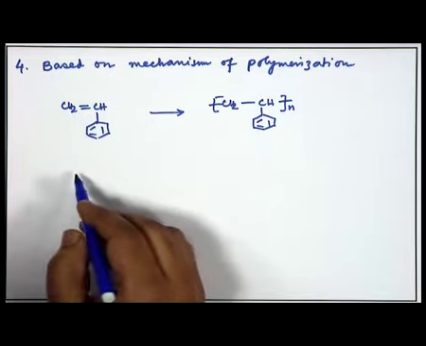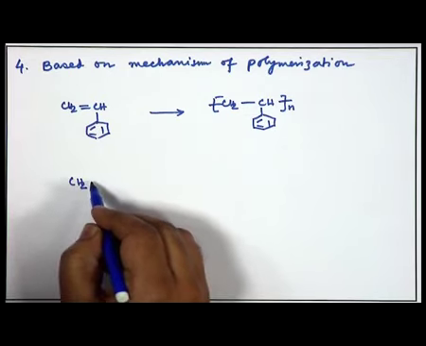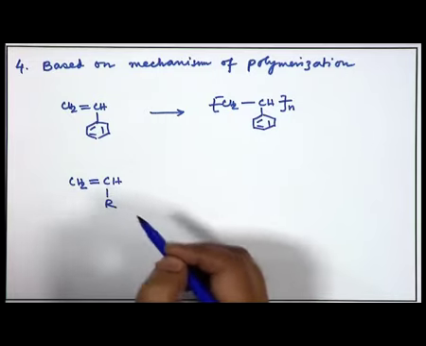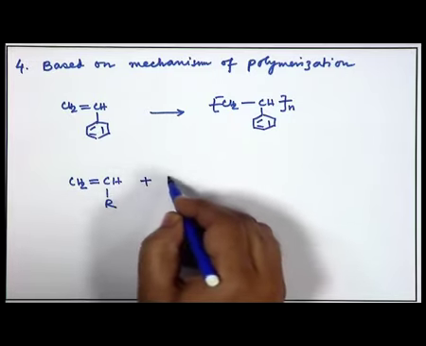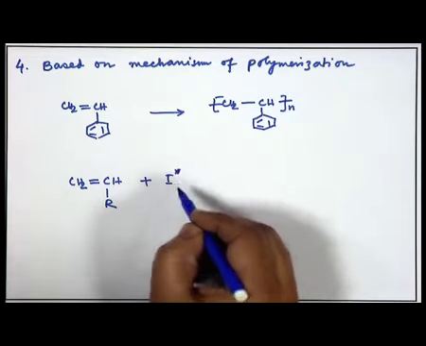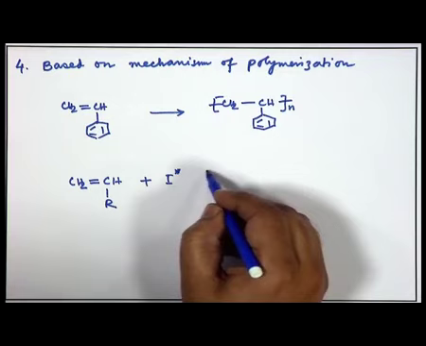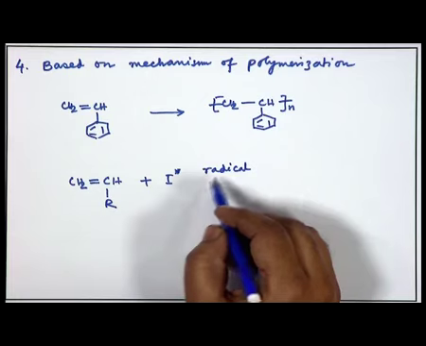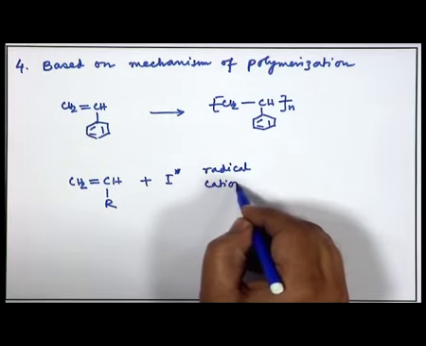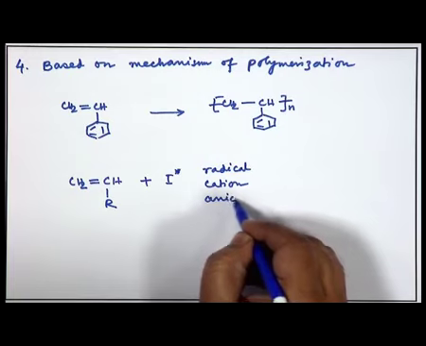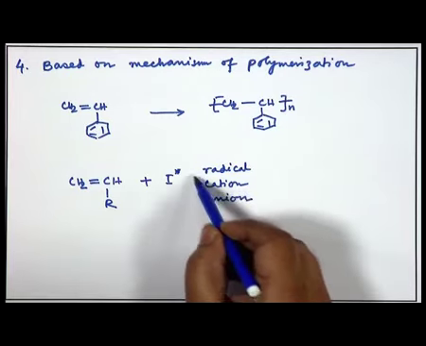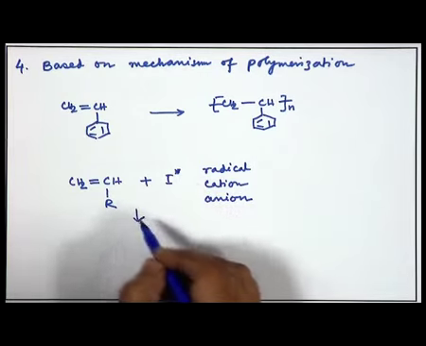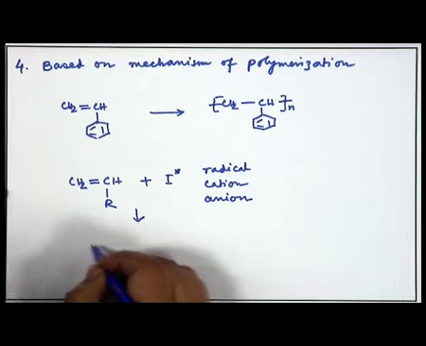So, what we need is an initiator. I will write a general structure as something like R, and you require an initiator which could be a radical or a cation or an anion. So, one of these will attack and initiate the polymerization reaction.